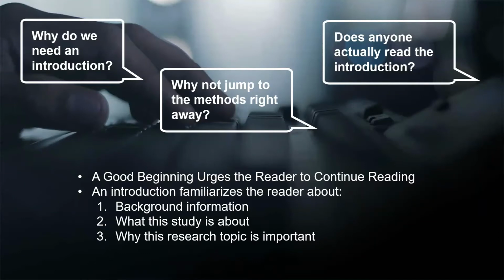So if I find the answers to these 3 questions relevant to my work, I will complete reading this paper. So should we jump to the methods right away? No, we have to put an appealing beginning at the start of the manuscript so we can attract the readers to complete reading.